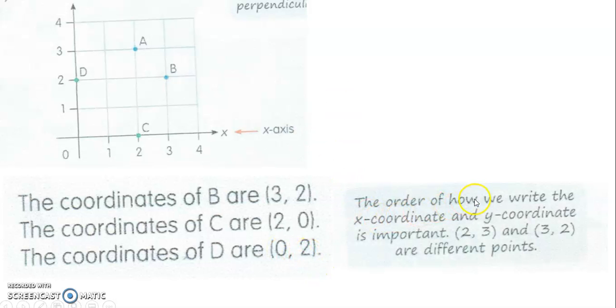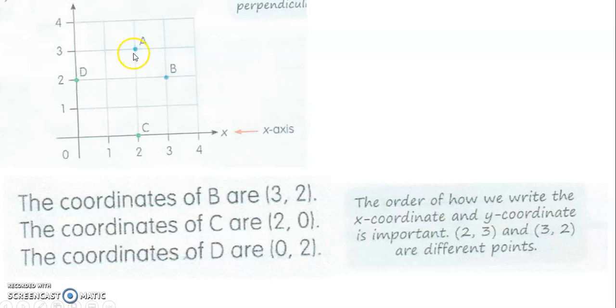The order of how we write the x coordinate and y coordinate is very important. Why? Because the points 2, 3 and 3, 2 are totally different points. If we want the point 2, 3 on the grid, this is 2 on the x-axis and this is 3 on the y-axis.